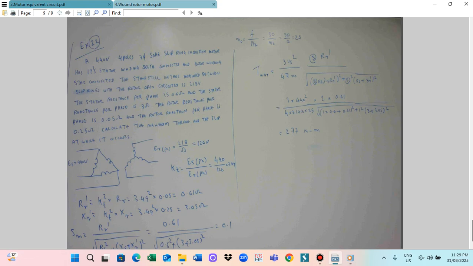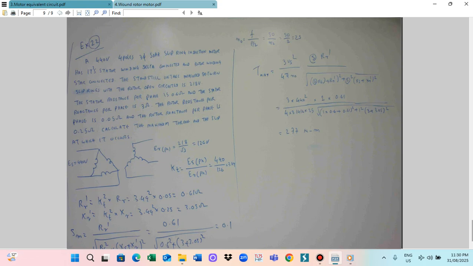4 by 3.1416 and ns. So ns you can calculate. ns is 25 because ns you can calculate: ns is equal to frequency divided by P by 2. So frequency is 50 Hz, and P by 2 is 2, so 50 by 2 you get 25. Because of this, this is 25. And S is 1 and R dash we already calculated.